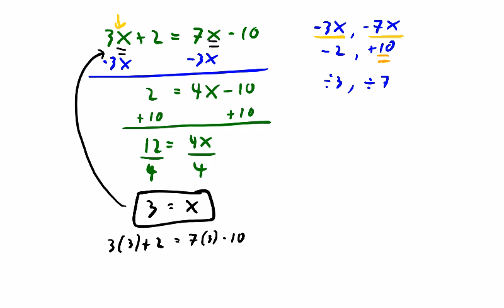When you look at the left side, that would give us 9 plus 2, which is 11. On the right-hand side, we would have 21 minus 10, which is 11. And so the left-hand side clearly equals the right-hand side. So 3 is a correct solution, and it will turn out to be the only correct solution for this problem.